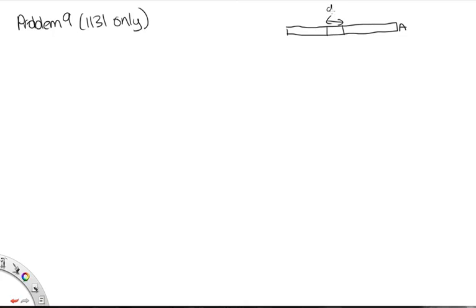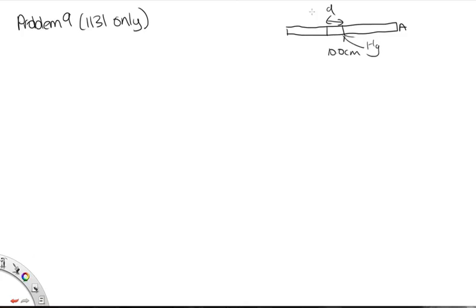Problem 9, which is for 1131 only. In this problem, we have a thin tube. We can assume it's got surface area A, and initially it's sealed at both ends. In the middle, length D here, which is equal to 10 centimeters, it's filled with mercury.